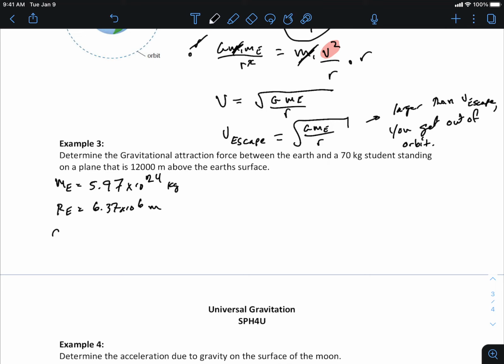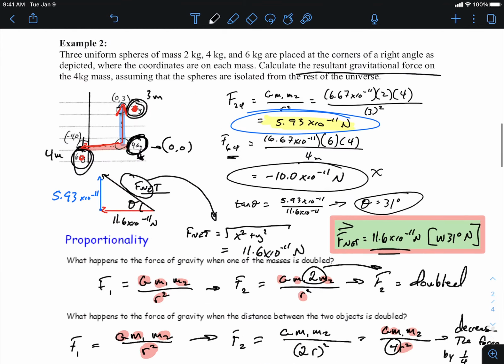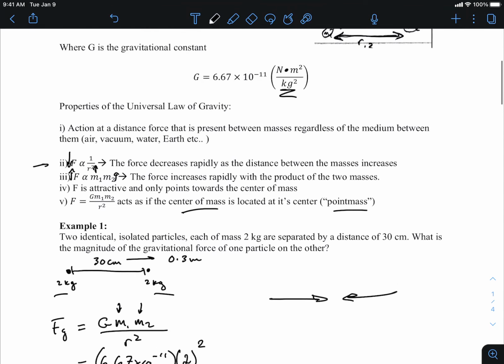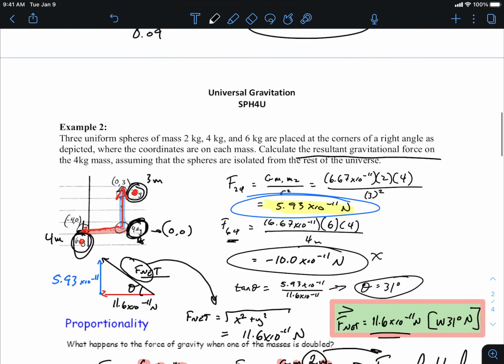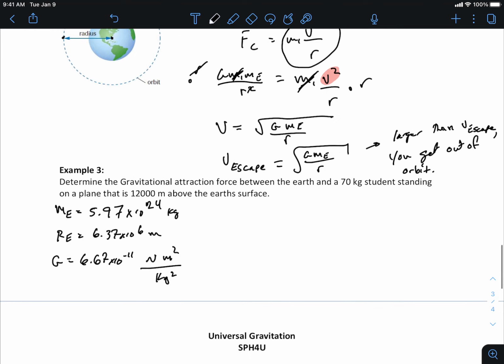And then G, the gravitational constant, you also know. It's got all those ugly units: newton meters squared over kilograms squared.